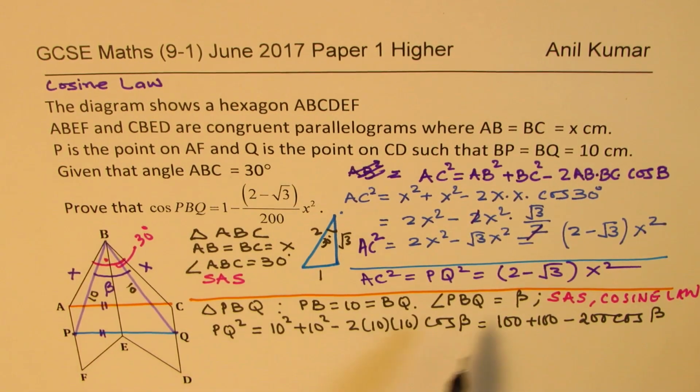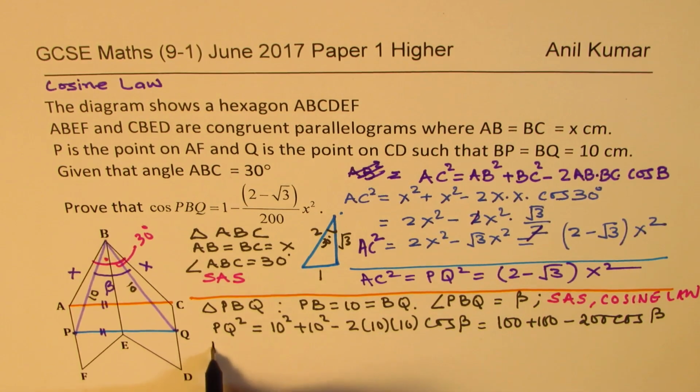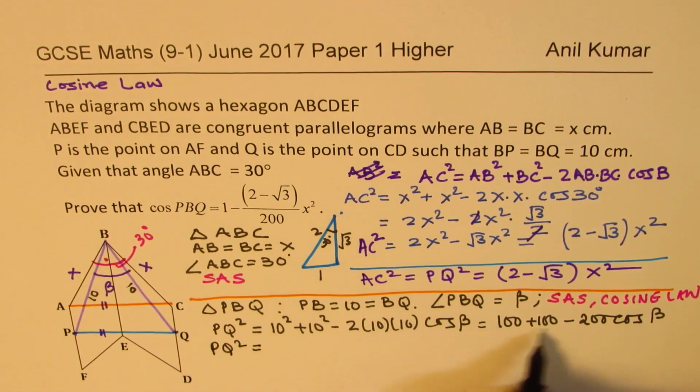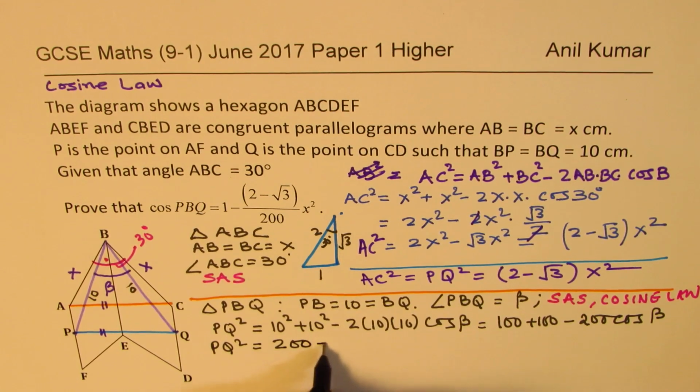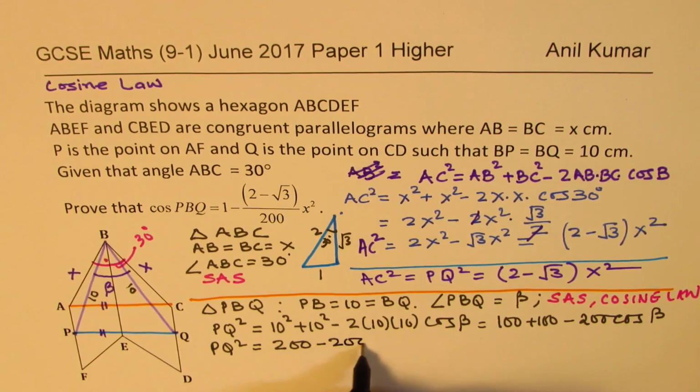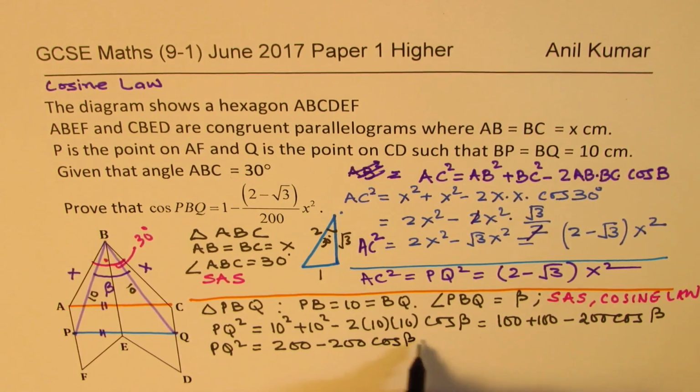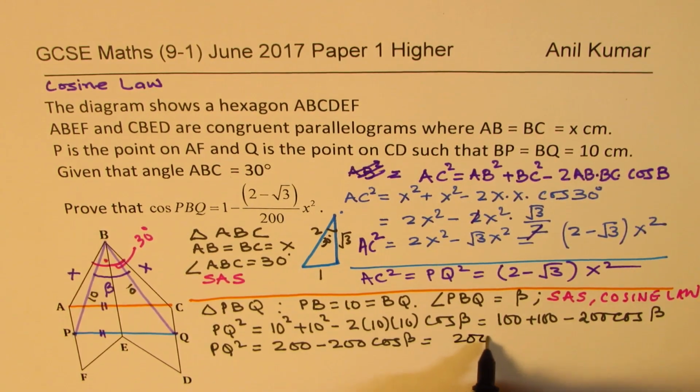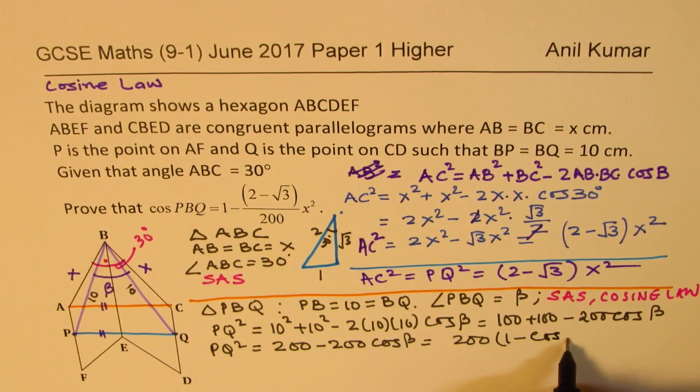And here now we will rewrite this. Okay, so we have PQ square equals to 200 minus 200 cos of beta. We can take 200 common. Okay, so we get 1 minus cos of beta.